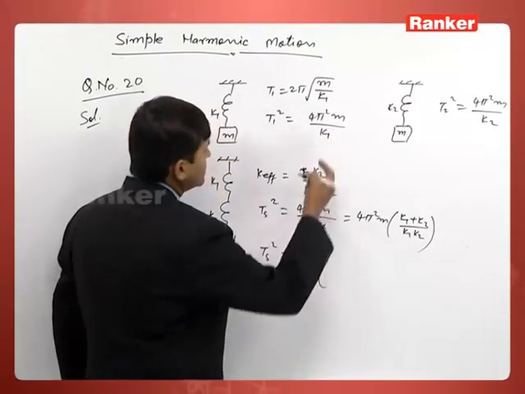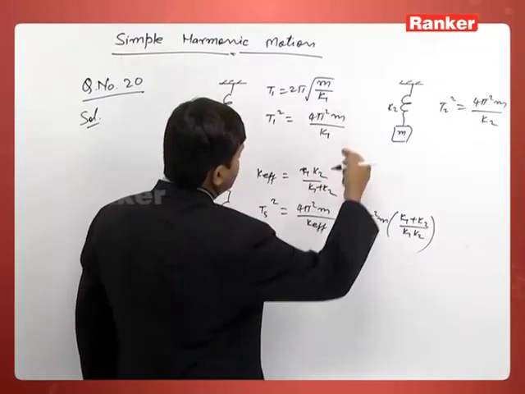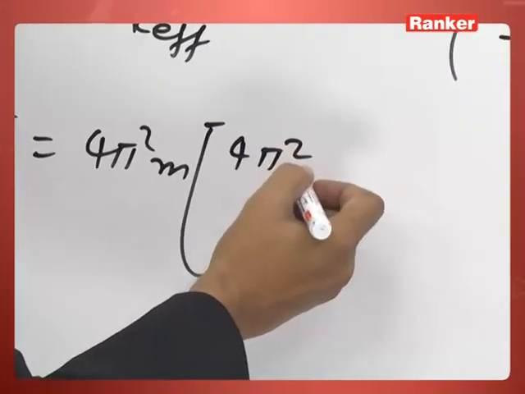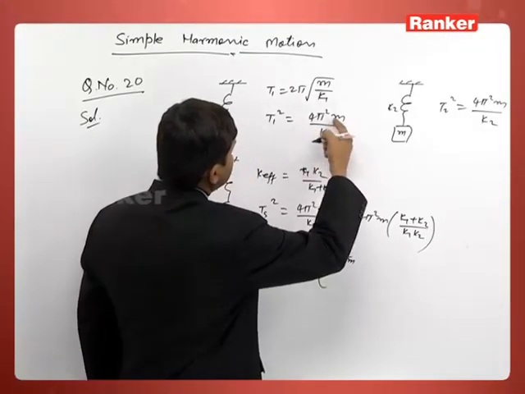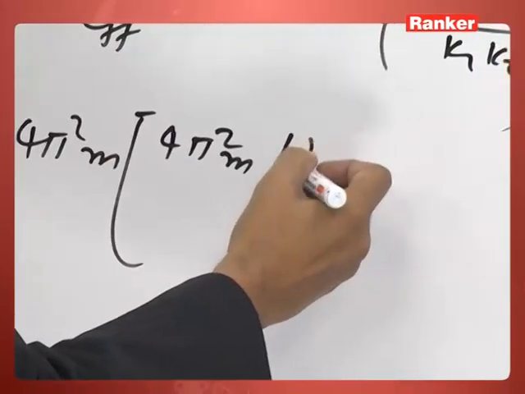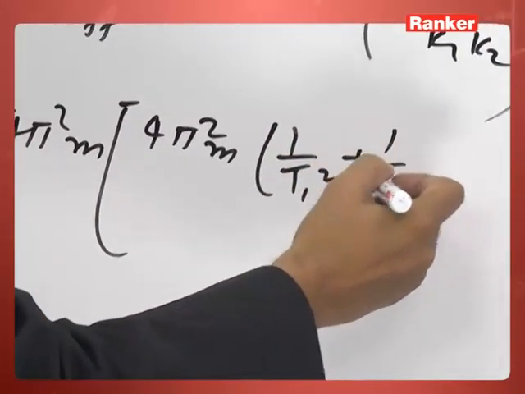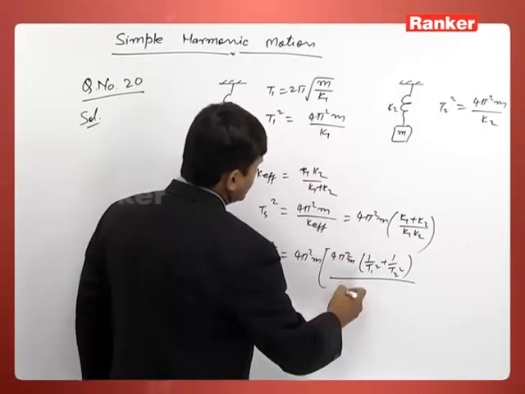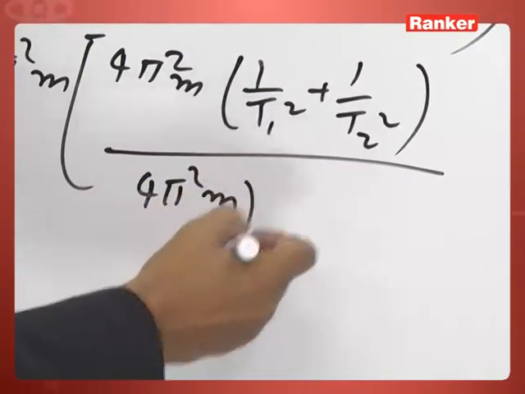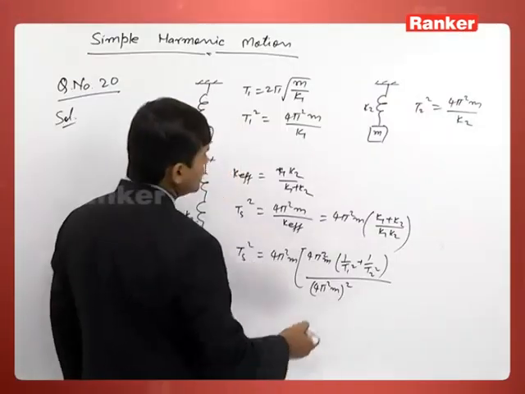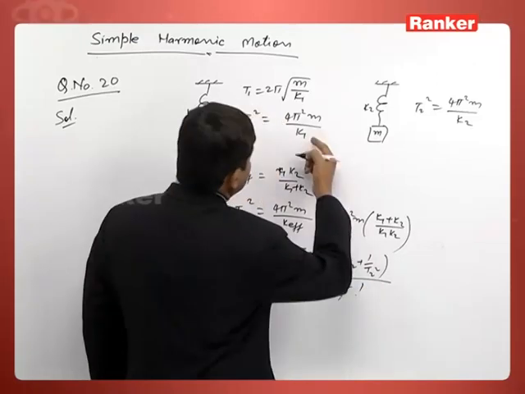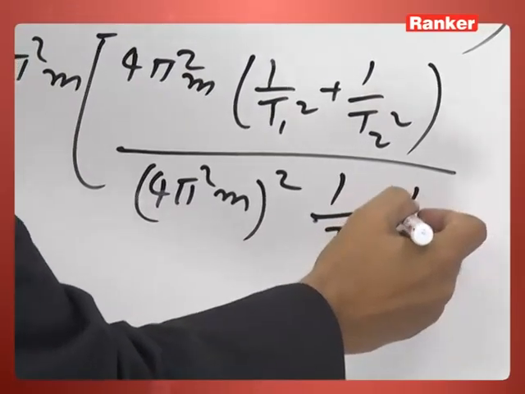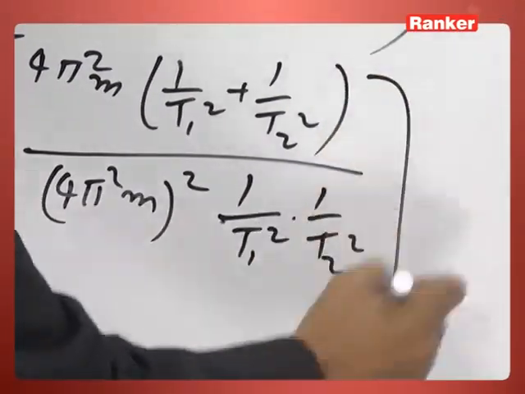K1 is nothing, we can check from here: K1 is 4 pi square m by T1 square, so 1 by T1 square plus 1 by T2 square, by K1 into K2, which is 4 pi square m by 1 by T1 square into 1 by T2 square.